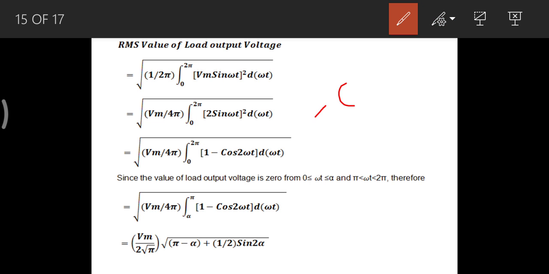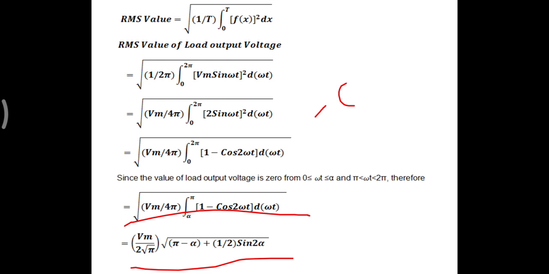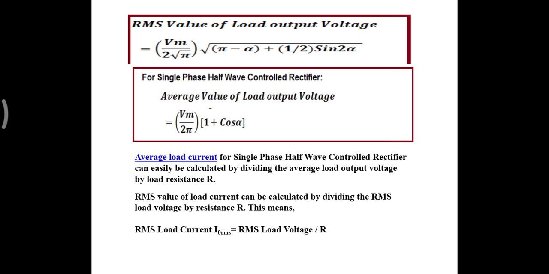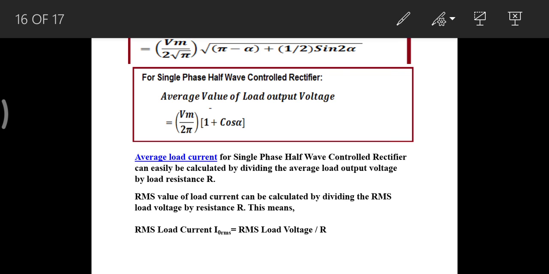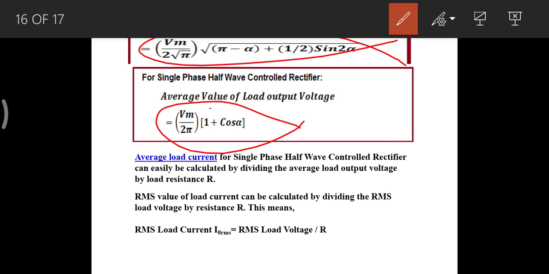By simplifying this value we get Vm by 2 root pi times the square root of (pi minus alpha plus 1 by 2 sin 2 alpha). This is the RMS value of the half wave rectifier. So this is the overview of the RMS value, and the previous one is the average value.